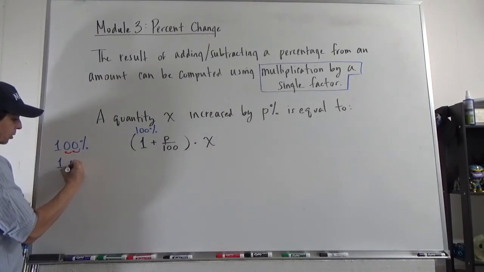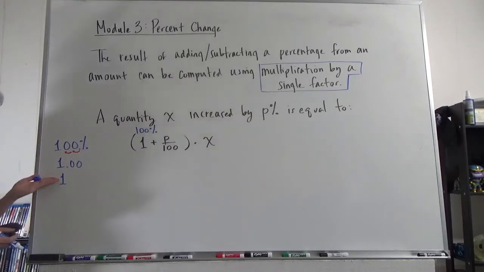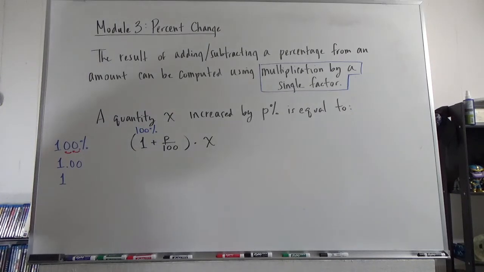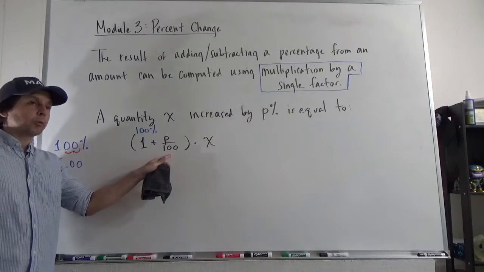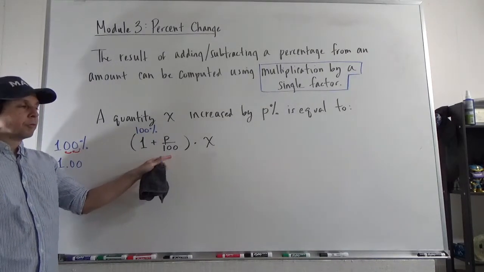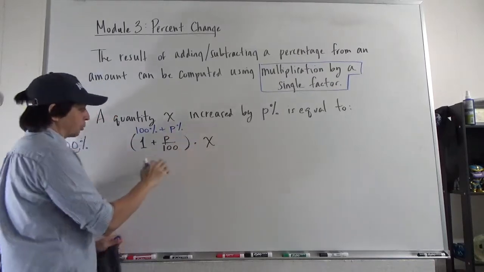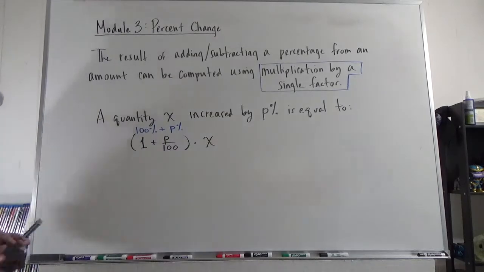Or you can omit those zeros, since 1.00 is equivalent to 1. So when you have 1 full candy bar, that's the same thing as having 100% of your candy bar. It's not a portion of it, it's all of it. That's what this 1 represents here. The P over 100 is going to be the decimal form of the percentage. So you're adding to 100% P%, and that's what that factor is going to be. It is a percent in decimal form.